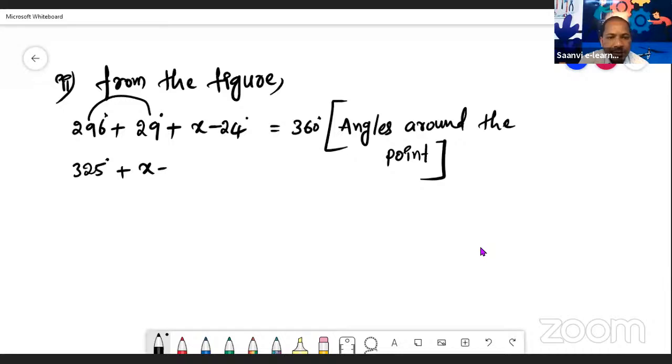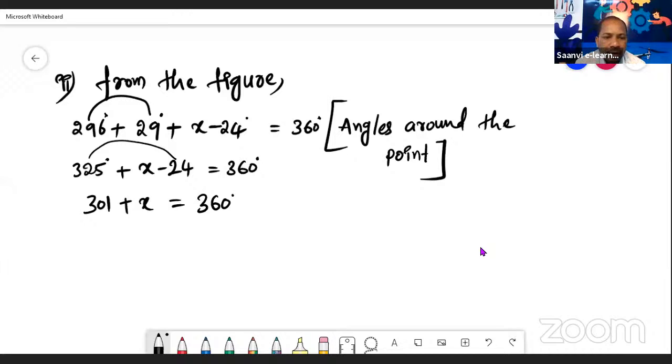Plus x minus 24 is equal to 360 degrees. Now see here, 325 minus 24. How much do we get? 301. Plus x is equal to 360 degrees.